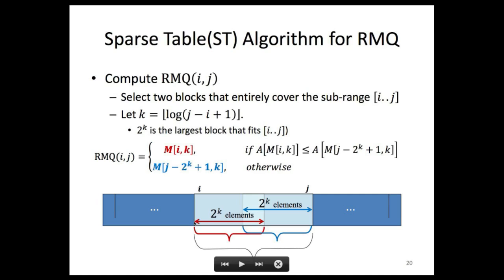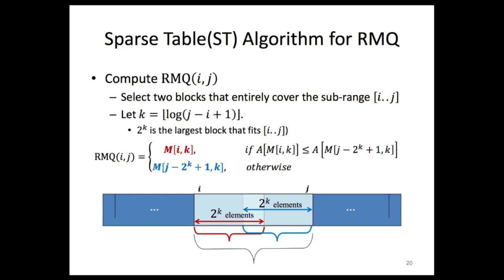So you have some range which is 2 to the power k elements long, and another overlapping range which is also 2 to the power k elements long. You know the minimum because you calculated it in the pre-processing step, and then you can do a single minima operation on the answers of those, and you get the answer to the full range that you have here.